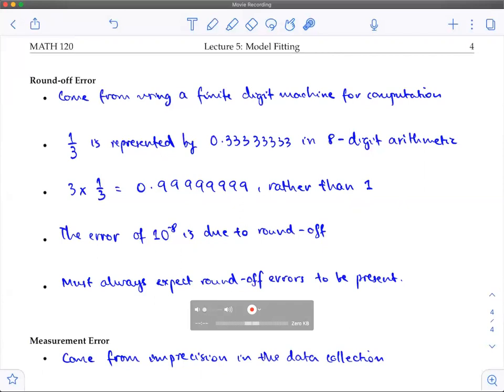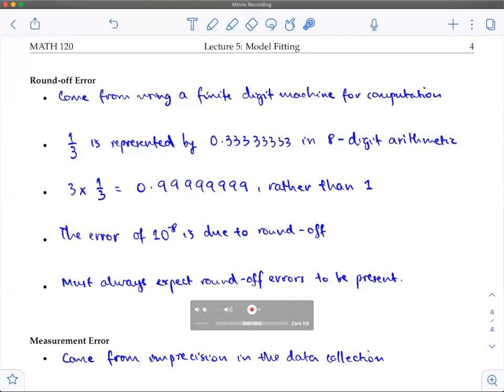Use a computer or a calculator, and it always gives you a decimal with a certain number of digits of arithmetic, right? And when you take this decimal number and multiply it back by 3, it's not going to give you 1 back, right? So that's just unfortunate. That is the round-off error, because you cut off certain digits in the calculations.